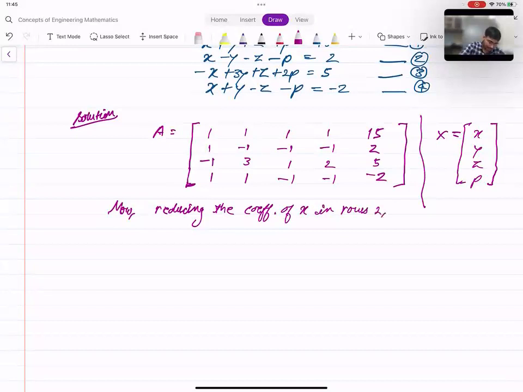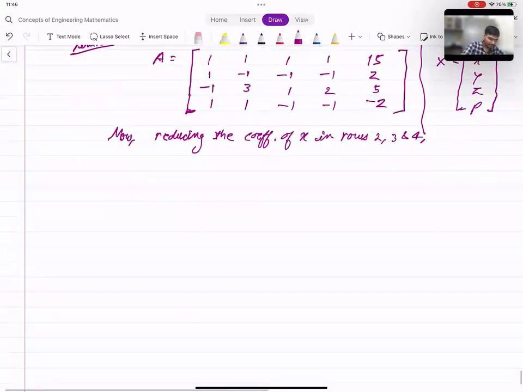So reducing the coefficient of x in rows 2, 3, and 4. For that, we know that when we add or subtract a row from the matrix, this operation can be done, and that will not affect the values or order of the matrix. So let us see how that happens.